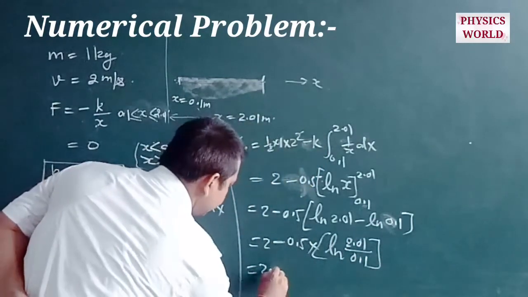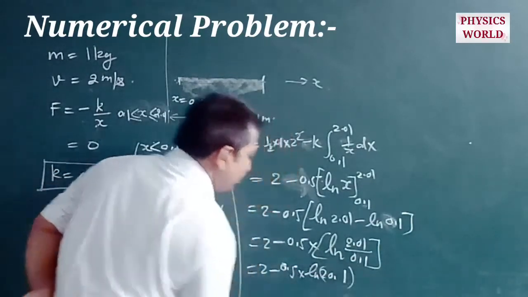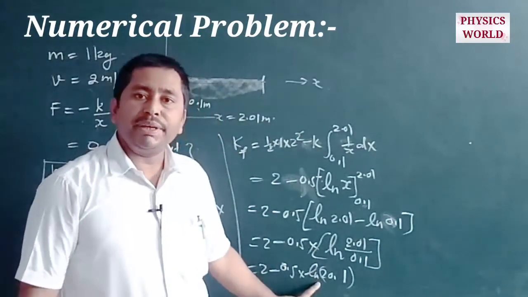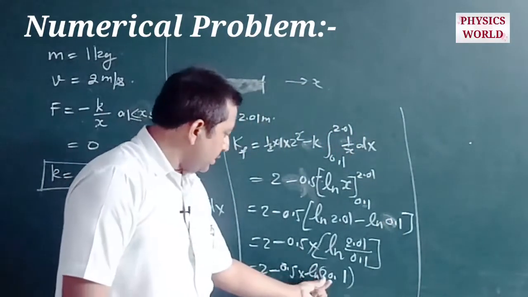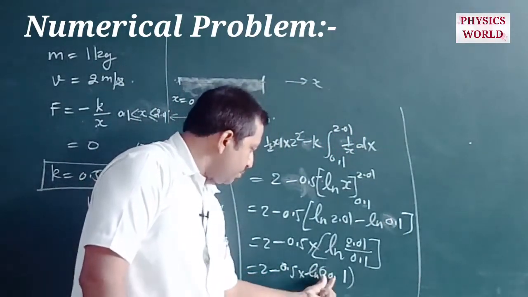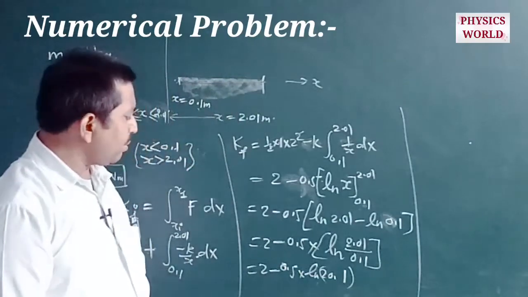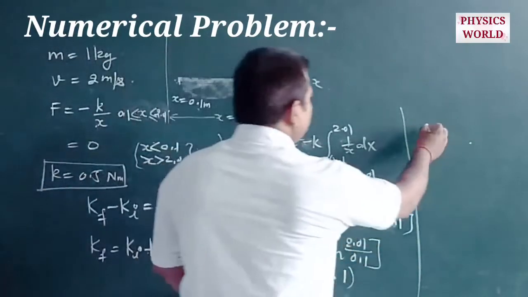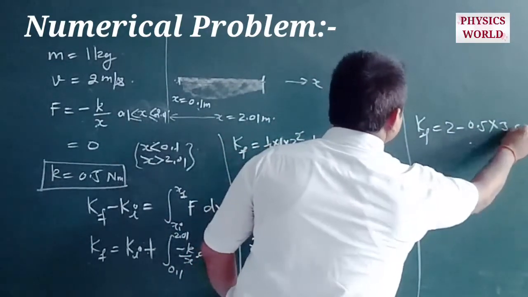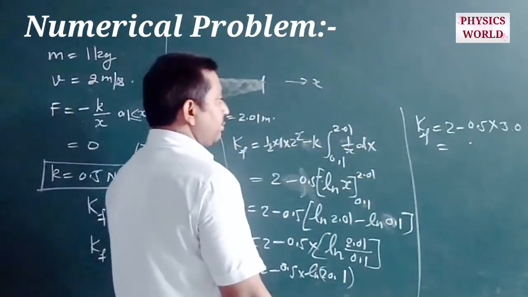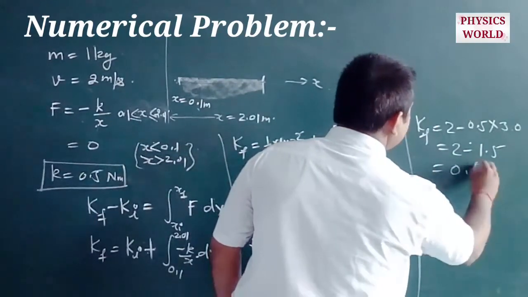So we get 2 minus 0.5 times ln of 20.1. Here the log is taken on the base e. If we put the value of the natural log of 20.1, we get nearly about 3. So Kf is equal to 2 minus 0.5 times 3.0, and after solving this we get 2 minus 1.5, so we get 0.5 joule.